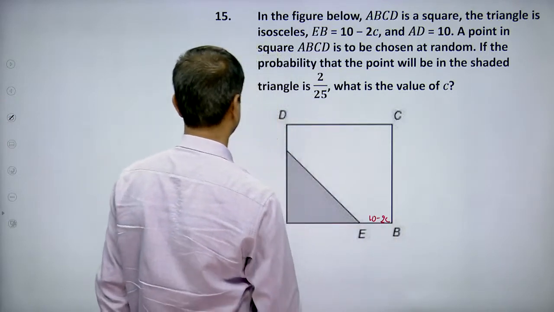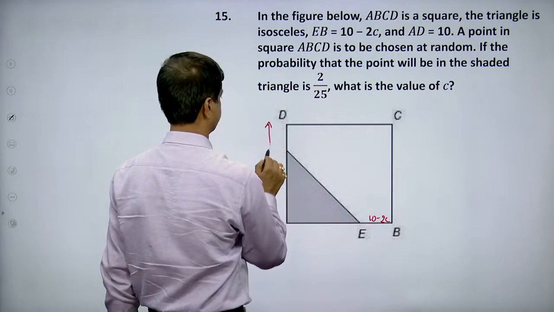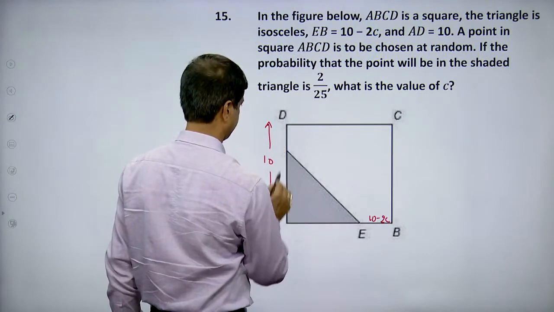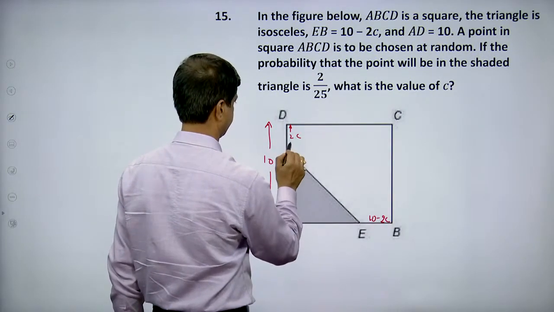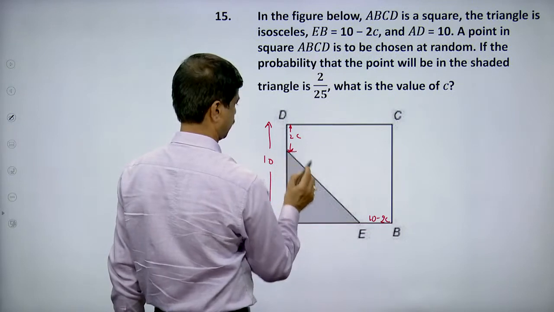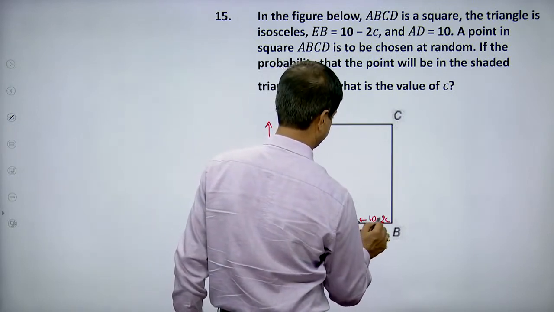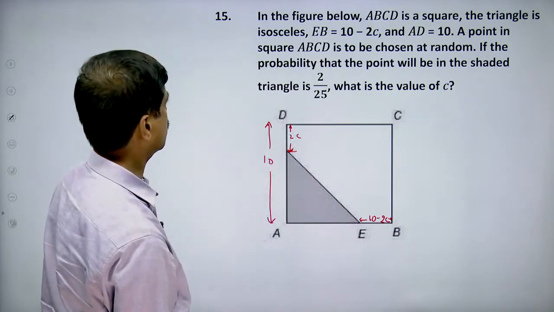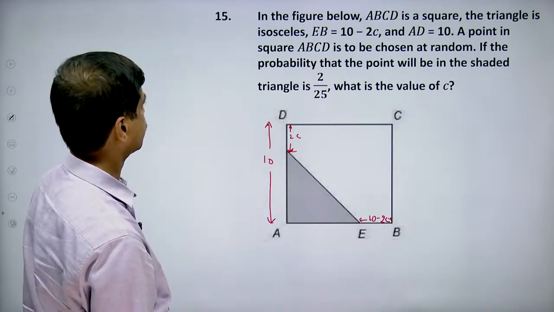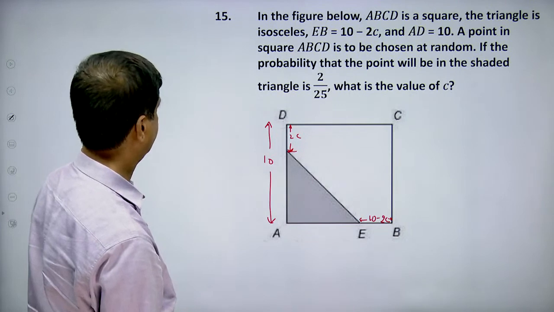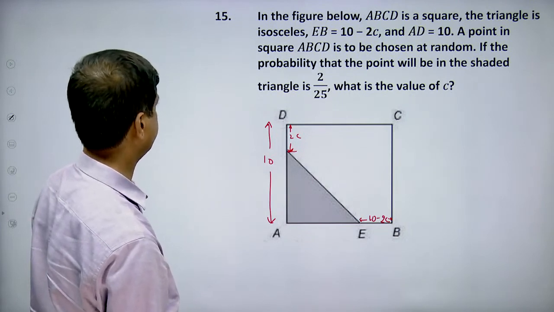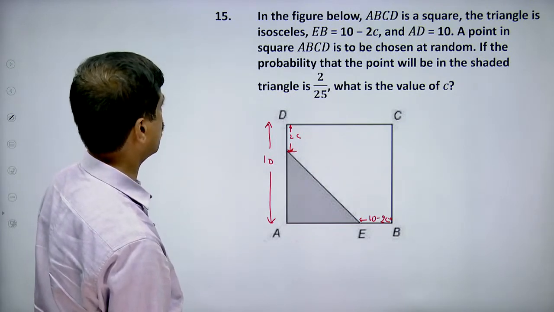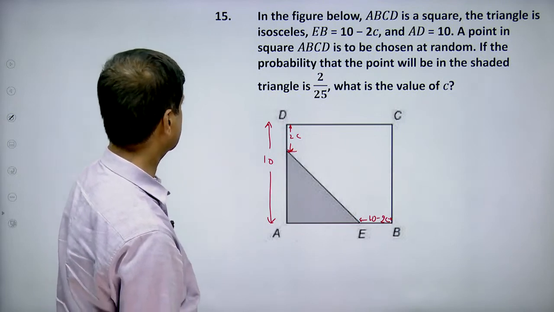AD is 10. So this should be 2C. So this is also 2C. Right? So now what is it that he said? A point in square ABCD is chosen at random. Find the probability that the point will be in the shaded region.